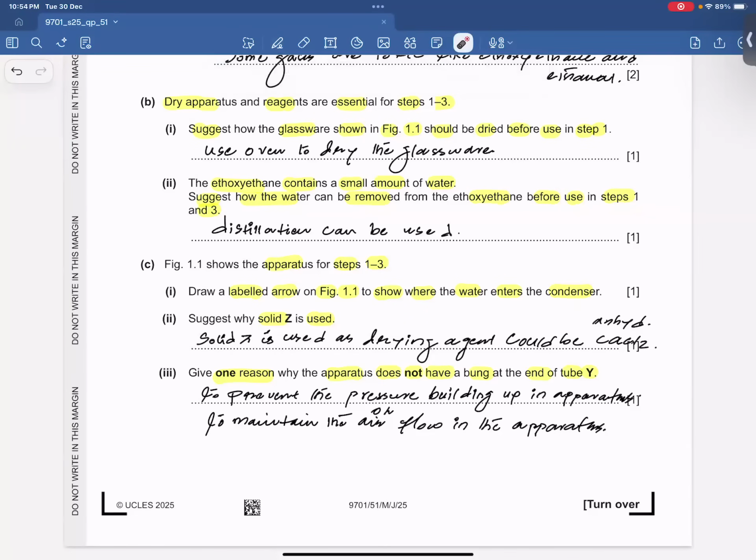So you can write either one of them, okay? Let's move on to the next part of the question.